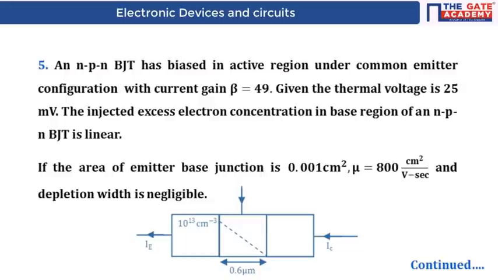So what we have to find, the first part of the question, is the collector current, base current and the emitter current. First of all, let us find out the emitter current. You can see it's a diffusion current. So the emitter current, you can see the directions also. The direction is given something like this. Here it is given as IE.